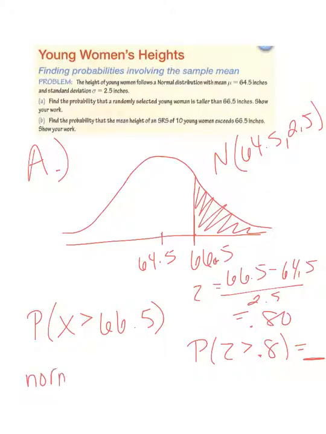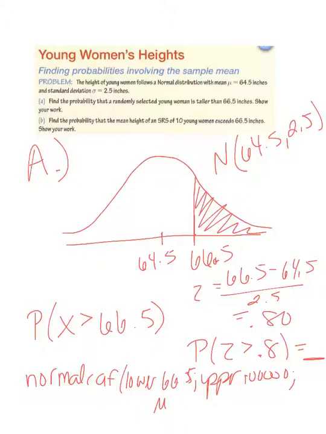Or I can use my calculator. Right? I can use my normal CDF function. I can identify everything that I'm working with. So in this case, my lower would be 66.5. My upper would be some big giant number. My mean would be 64.5, and my standard deviation would be 2.5.